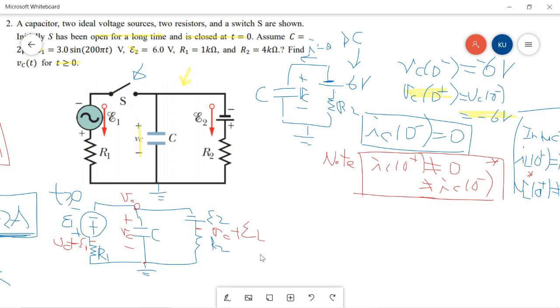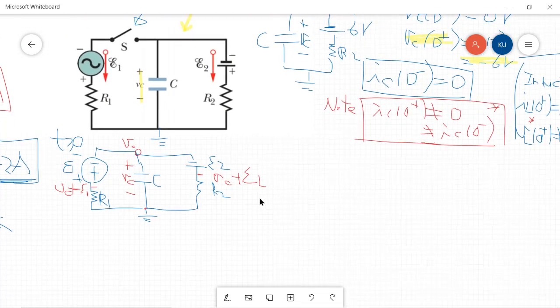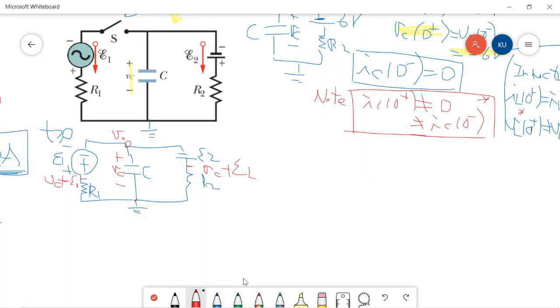So in this case, we may write the node equation or use the KCL for this question. So we calculate the current going in this path, and this path, and then we add them together to be 0. So for the left hand side current, we have VC plus E1 over R1.